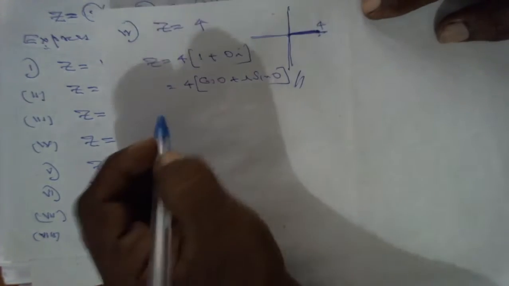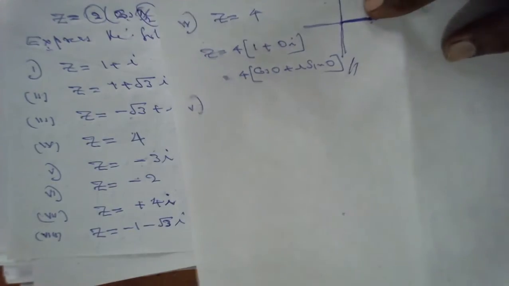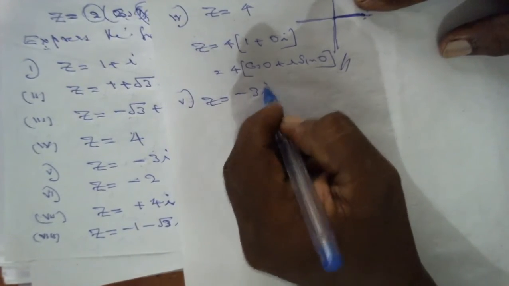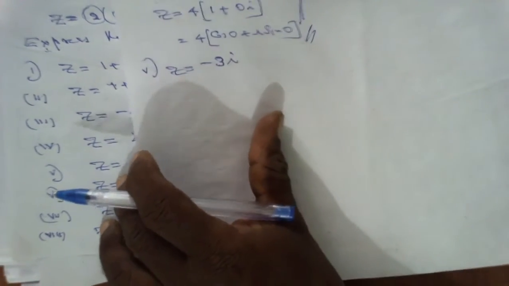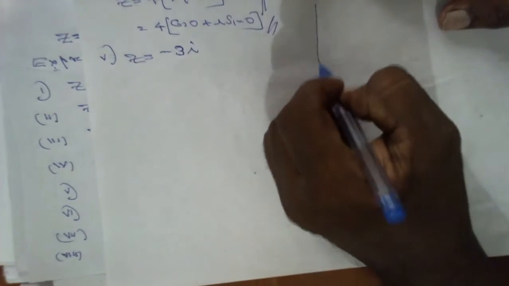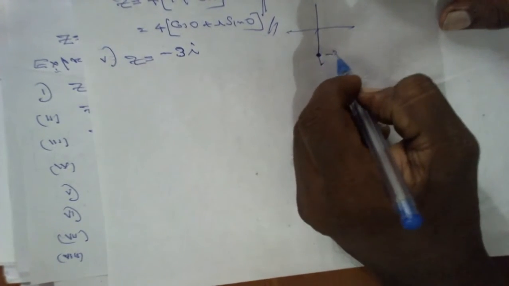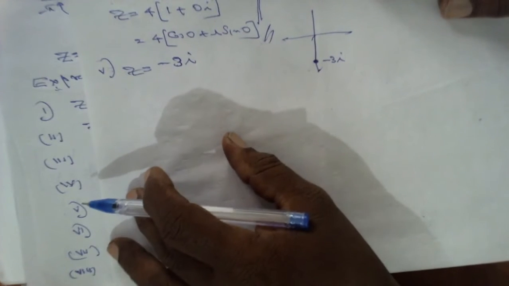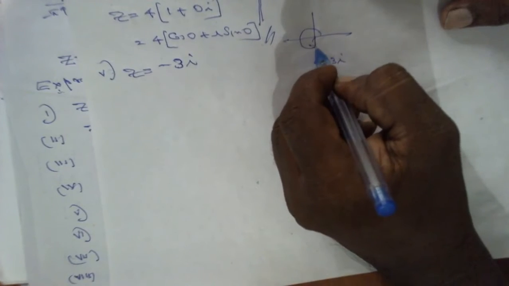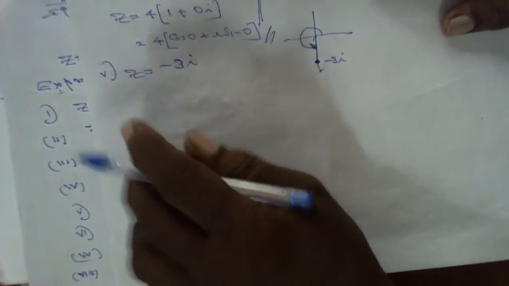Then the fifth one, C equals minus 3i. Where is minus 3i in the Argand diagram? Minus 3i is here, on the y-axis. What is this angle? 270 degrees, 3 pi by 2.